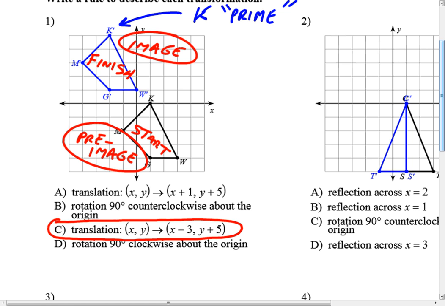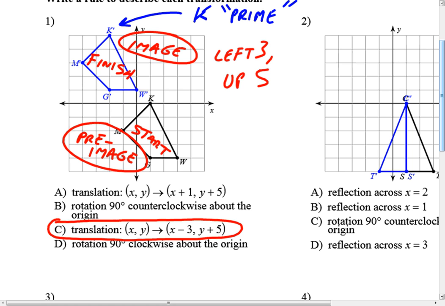If I have x minus 3 and y plus 5, what that is telling me is that I am moving left 3. So someplace up here we could write down left 3 and plus 5, up 5. Does it look like I am moving this way 3 and then up 5?